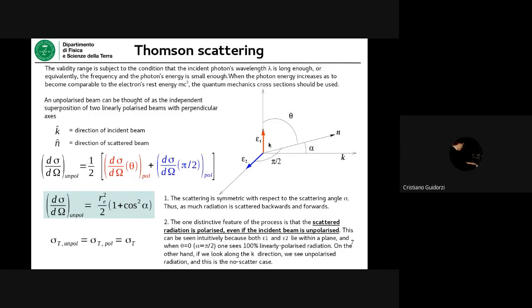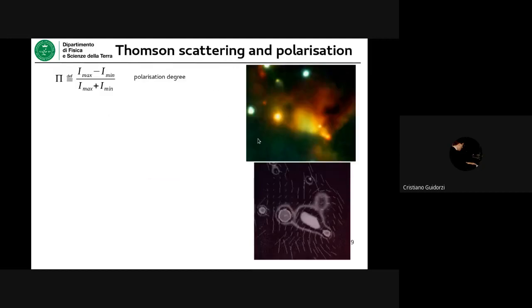So sine squared theta is cos squared alpha. So indeed, this is just 1 minus cos squared alpha over the sum. The important point here is that Thomson scattering can polarize. Even if the incoming radiation is unpolarized, you get polarization.